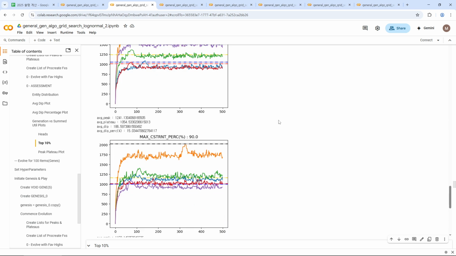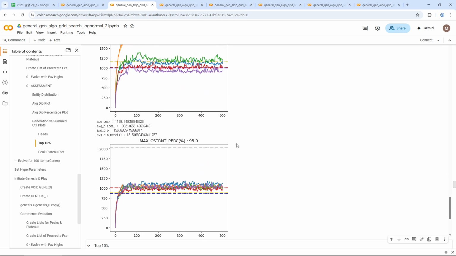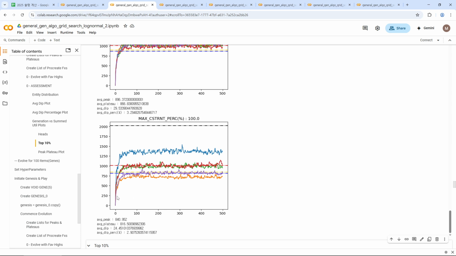However, when it was at 90 and at 95 and 100, because nothing's getting struck out, we just stay here. Everything's just kind of mediocre or medium.